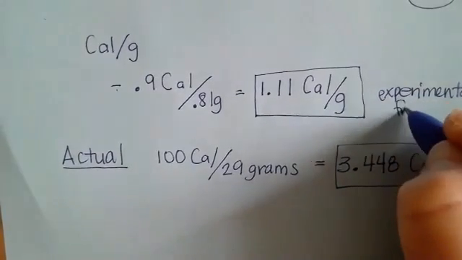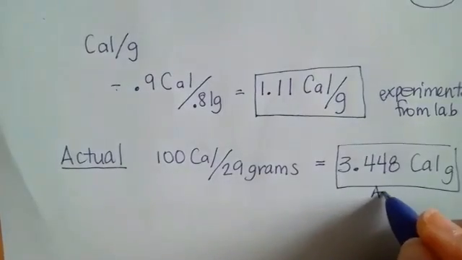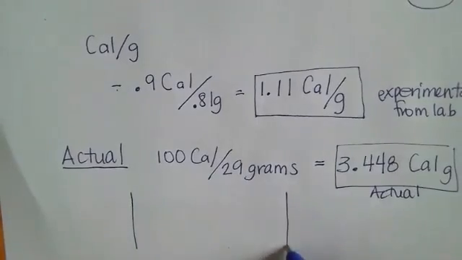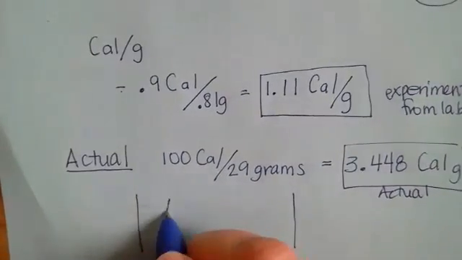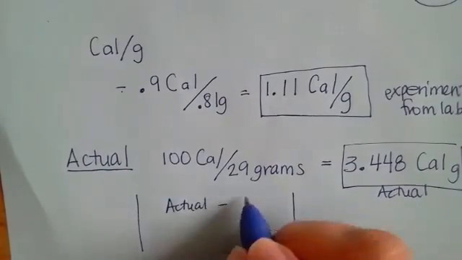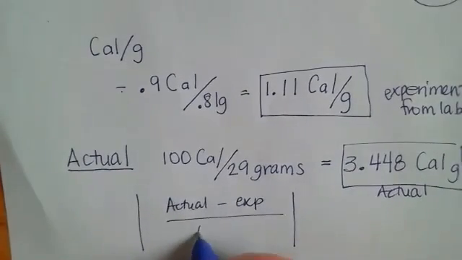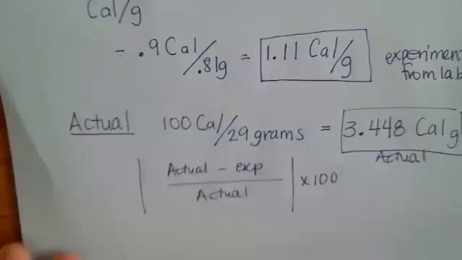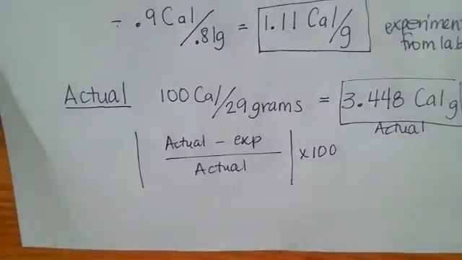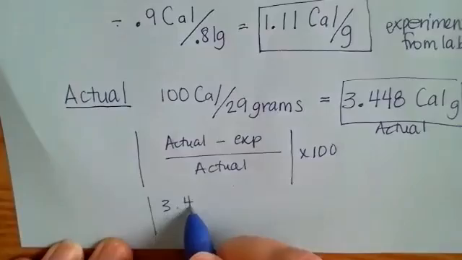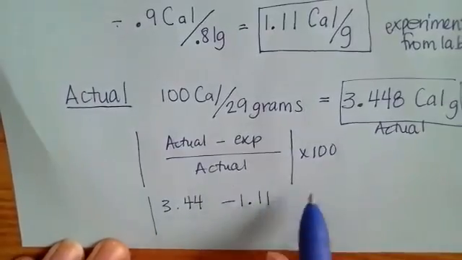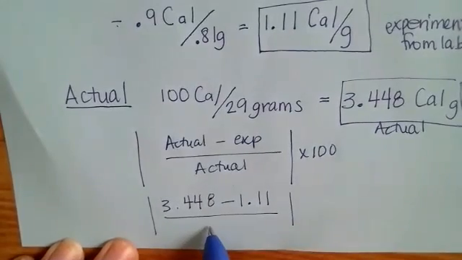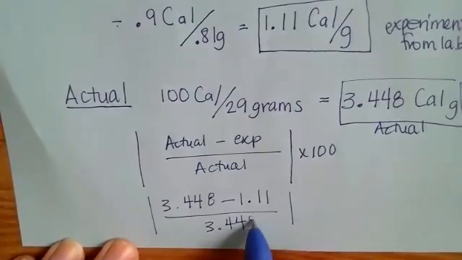So now you have your experimental from the lab, and you have your actual from the package, and then you do the setup. So your absolute value, your actual or theoretical, minus your experimental, over your actual, times 100. Let's finalize this answer.